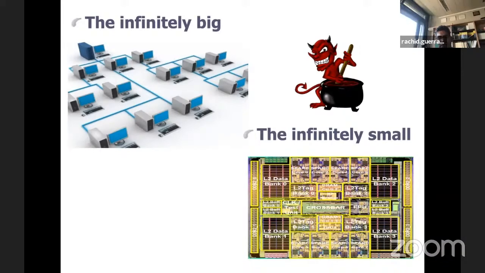In distributed computing, there is also another extreme world, which is the world of the infinitely small, which is called the shared memory world. In the infinitely big, processes communicate by exchanging messages. In the infinitely small, processes, they don't exchange messages. They read and write in shared memory.